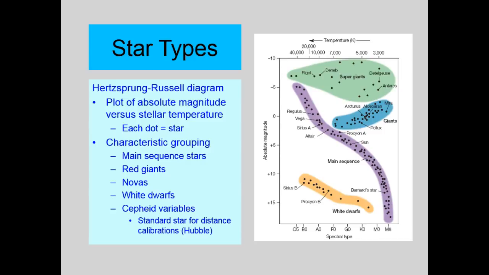Hubble was one of the preeminent, probably the most important astronomer we've ever had. He covered a lot of ground. I think he was here in the U.S., and he set the bar for a lot of other astronomers. But Hertzsprung and Russell had done this before he came along.